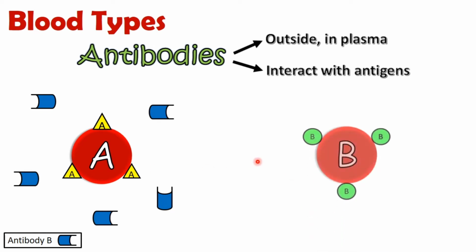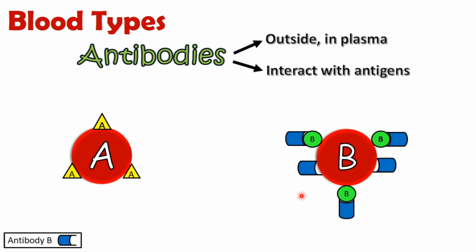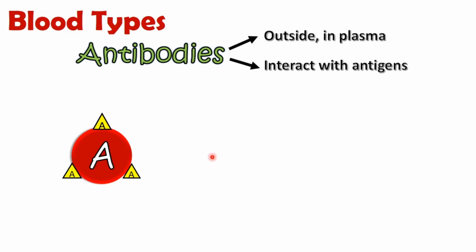But if you have B antigens, it means that it is a stranger antigen, and the antibody anti-B means that it doesn't like the B, right? So if you have B antigen, the antibody B will attack the antigen B, which is the stranger. Again, like I said, the antibodies and antigen must be opposite.